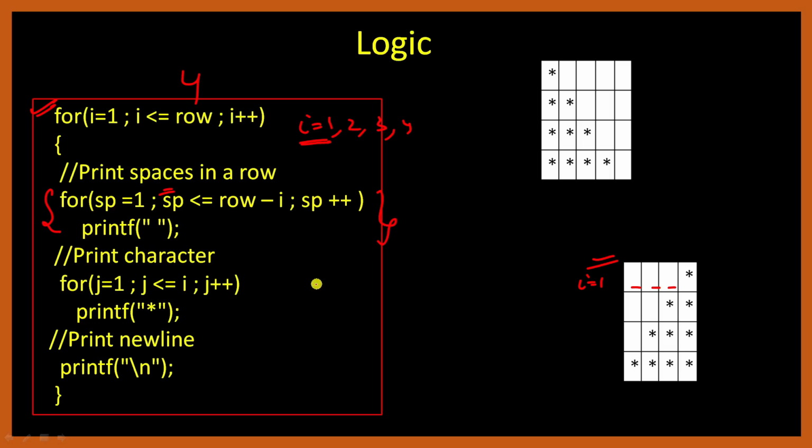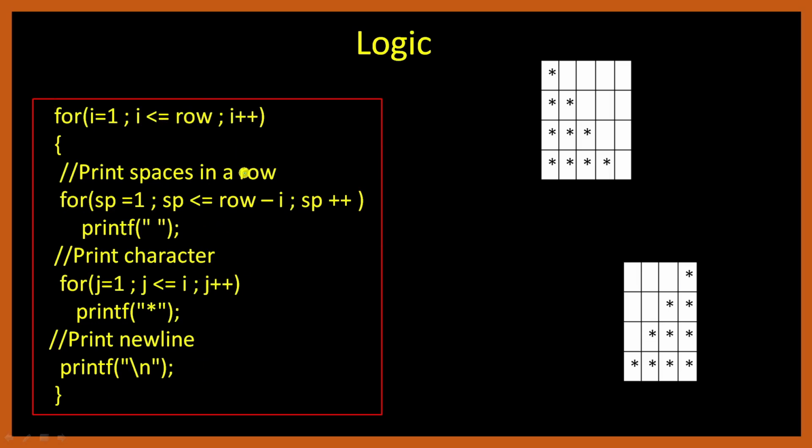Then this loop prints stars, and for I equal to 1 it runs only 1 time. After completing the star printing, a new line should be added to change the row. Then again for I equal to 2, first spaces, then stars, then new line, and so on.